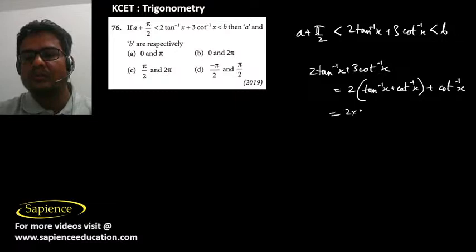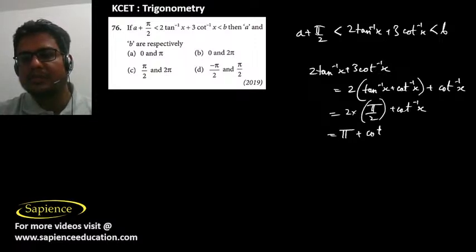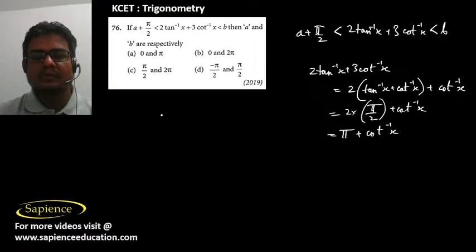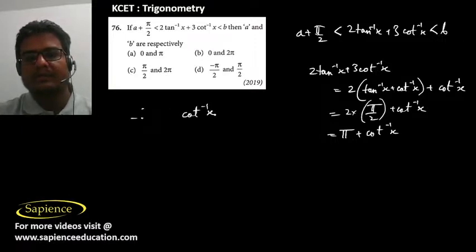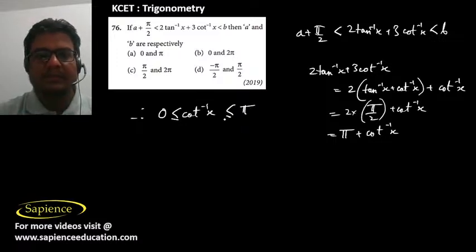Tan inverse x plus cot inverse x is always equal to pi by 2, so it is pi plus cot inverse x. Now cot inverse x, its minimum value is 0 and its maximum value is pi.